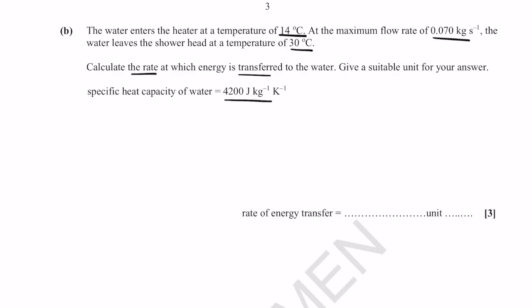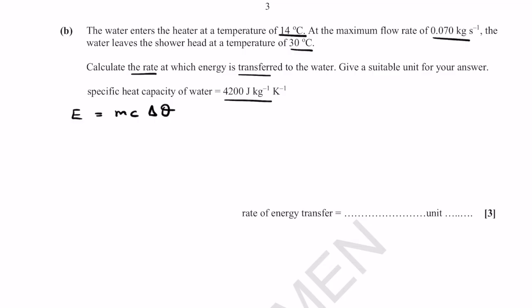And we are given the specific heat capacity of water. So from that given information, we should make use of the specific heat capacity equation, where we are talking in terms of the rate at which the energy is being transferred. So we have to think about power.